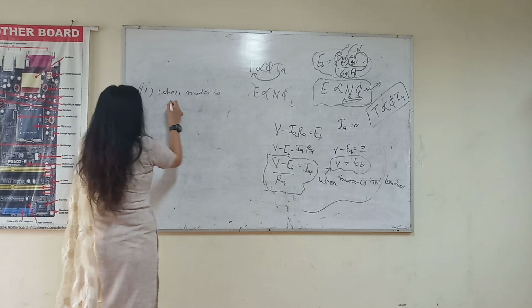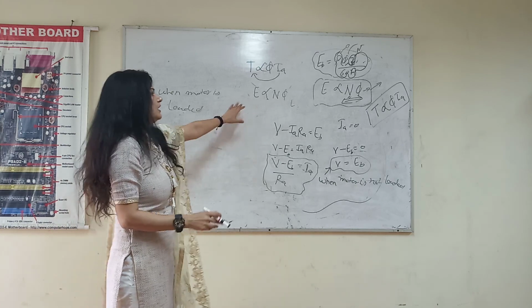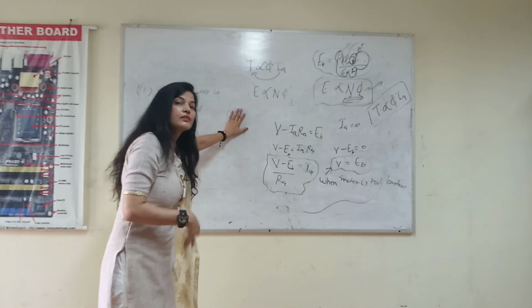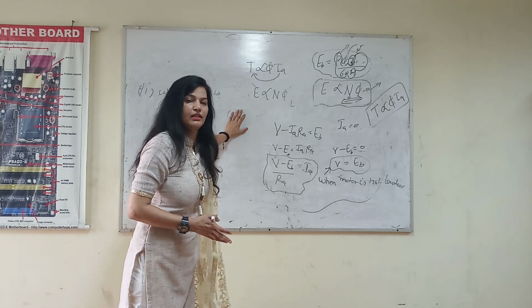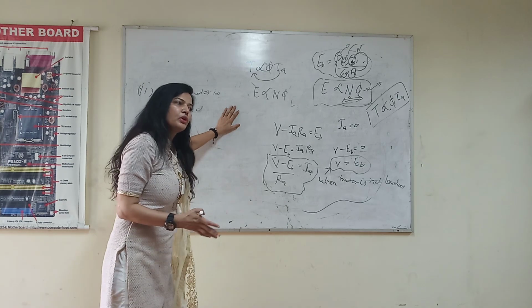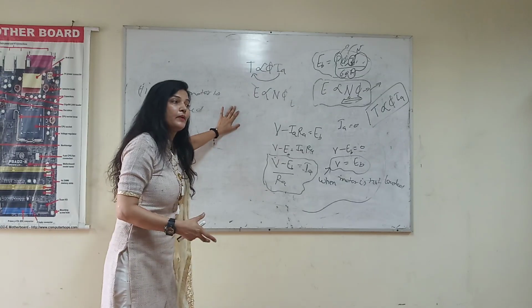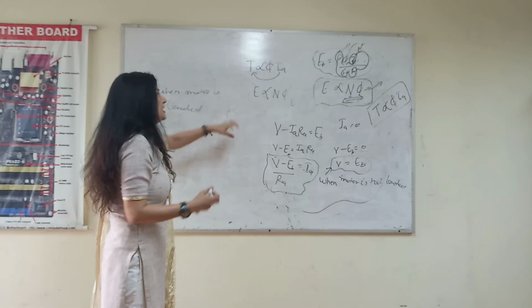When motor is loaded. Why are we discussing this case? To prove that back EMF is significant to the motor and it makes the motor self-regulated. Okay. So when motor is loaded, जब motor पर कोई load apply करेंगे, what will happen? The speed slows down.